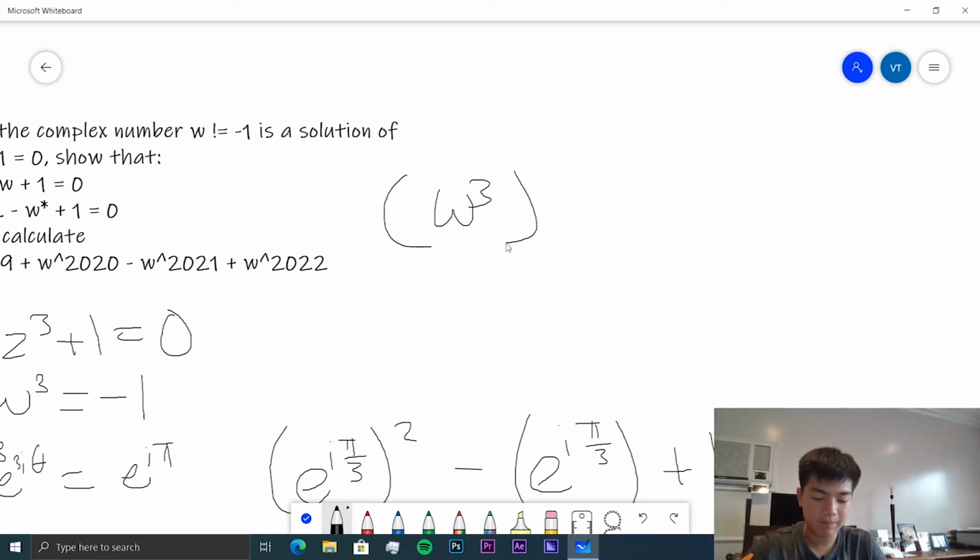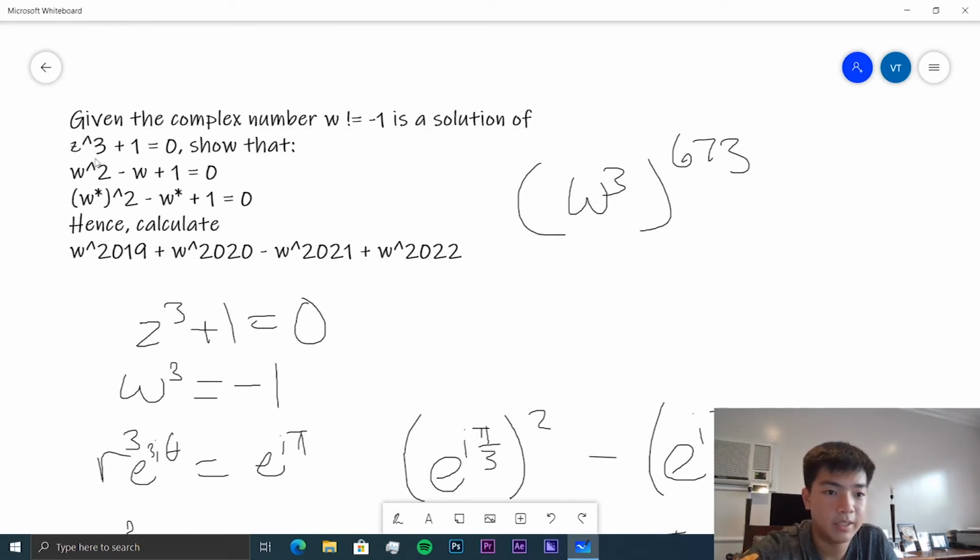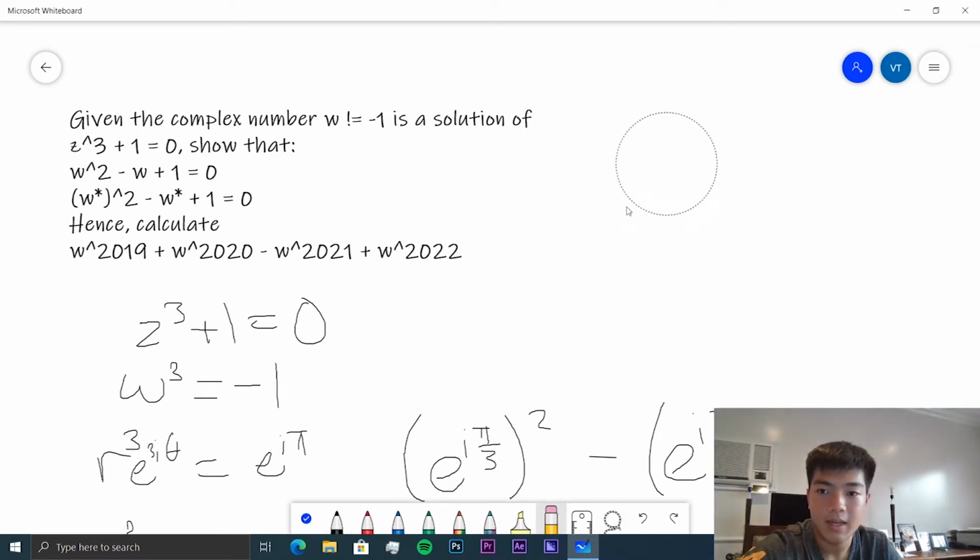2019 divided by 3 is 673. And since we know that omega is a solution of z cubed equals negative 1, this will be negative 1 to the 673. In other words, this will be equal to negative 1.